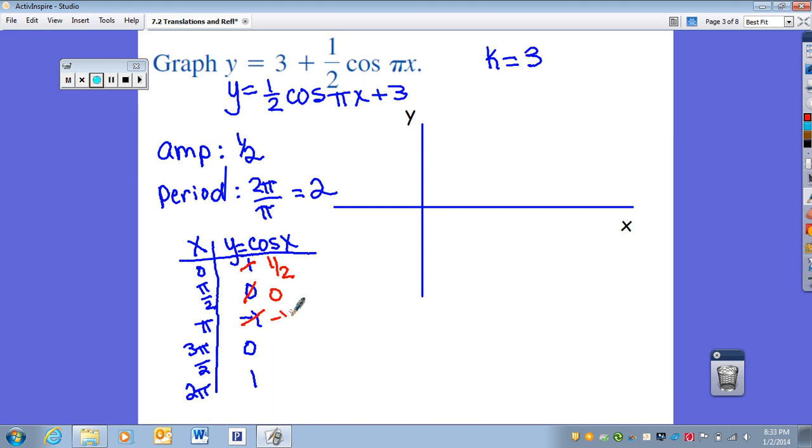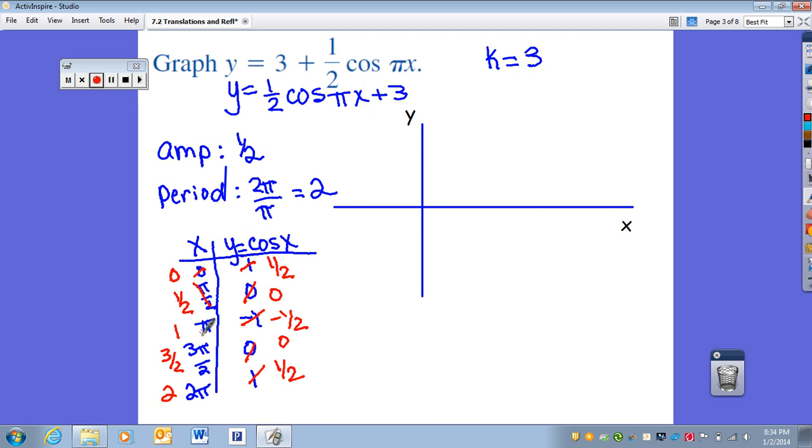Then it becomes negative 1/2, staying at 0 and at positive 1/2. Then we're going to take a look at our period. Instead of being a period of our normal sine or cosine function at 2 pi, we're changing it to 2. So we're simply dividing everything by pi. So this is going to be 0, 1/2, 1, 3 over 2, and 2.